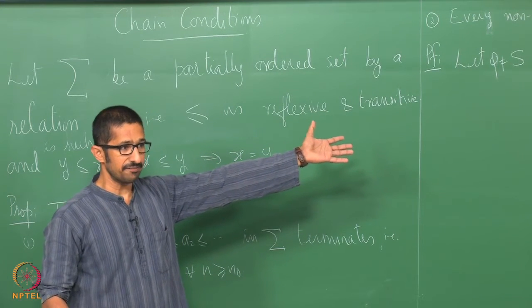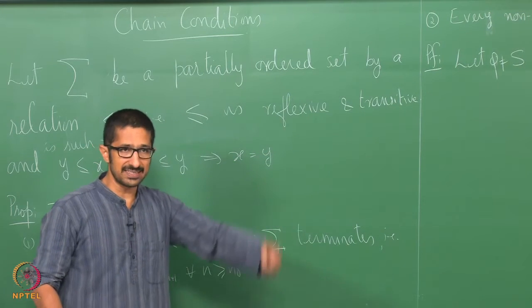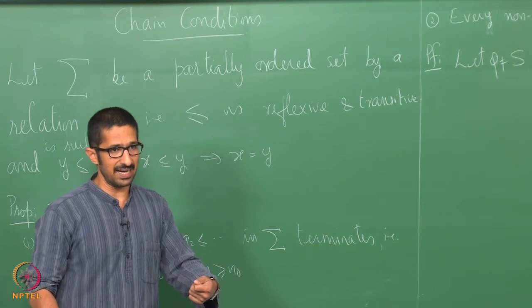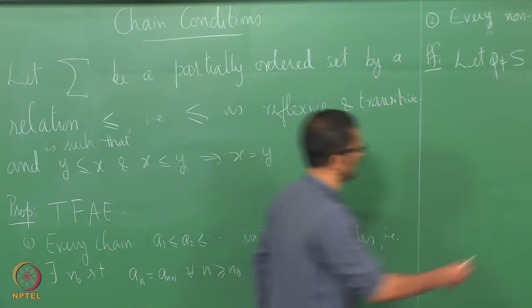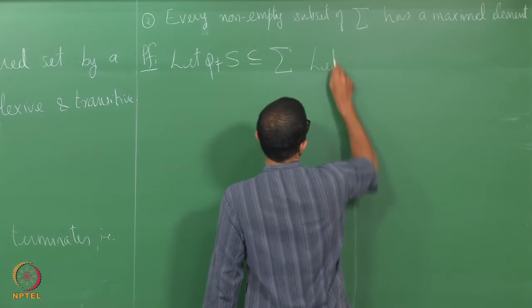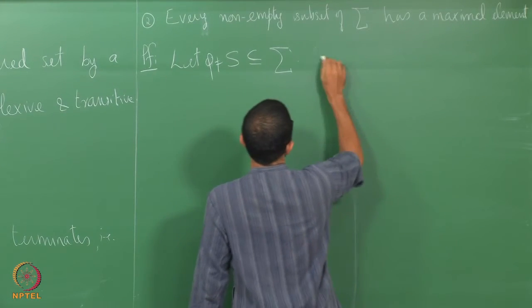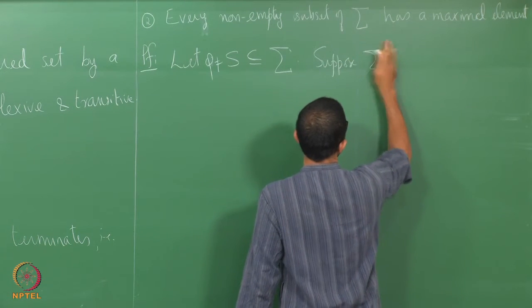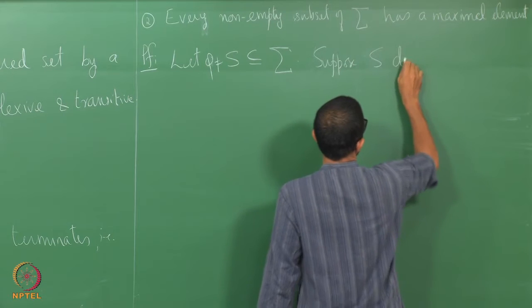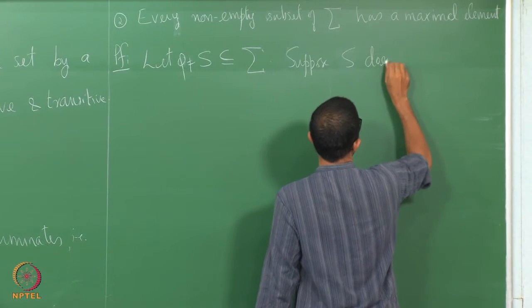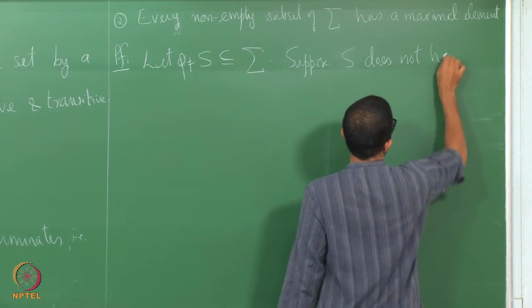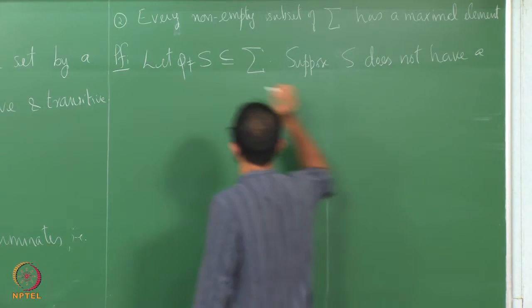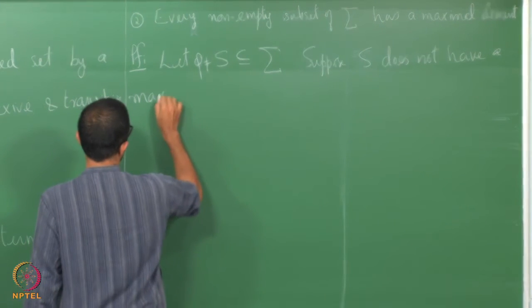If S is not finite, then I start with an element A1 in S. Suppose S does not have a maximal element, then what do we have?